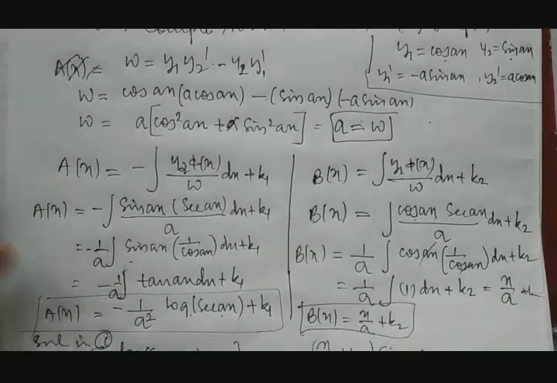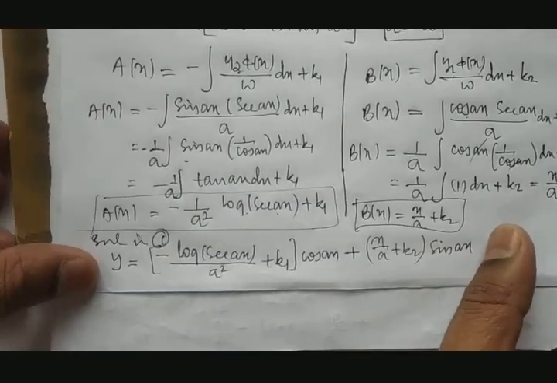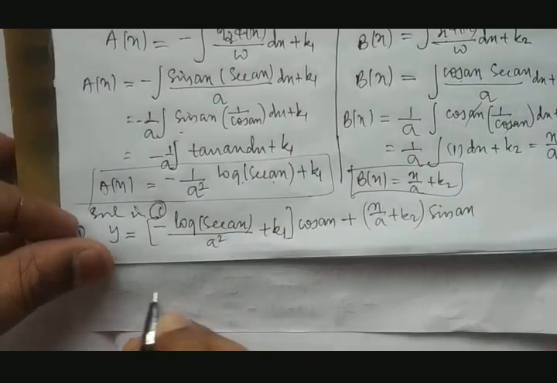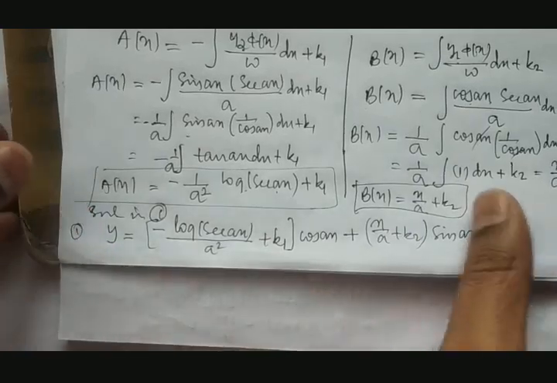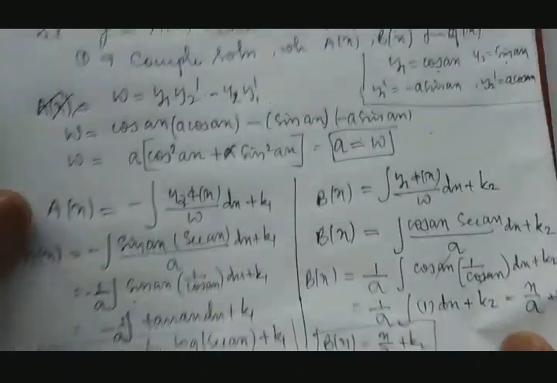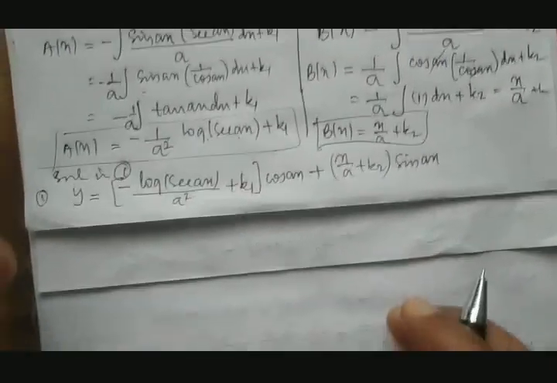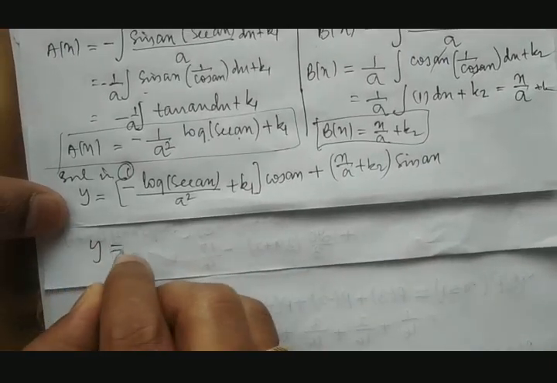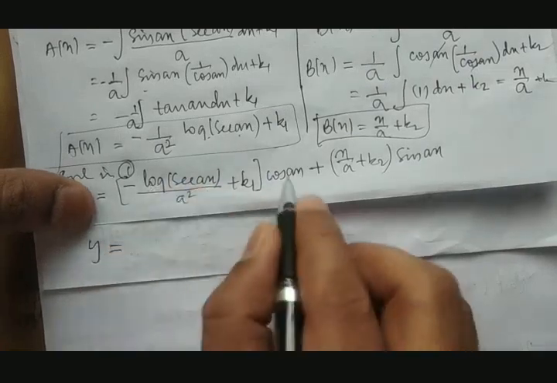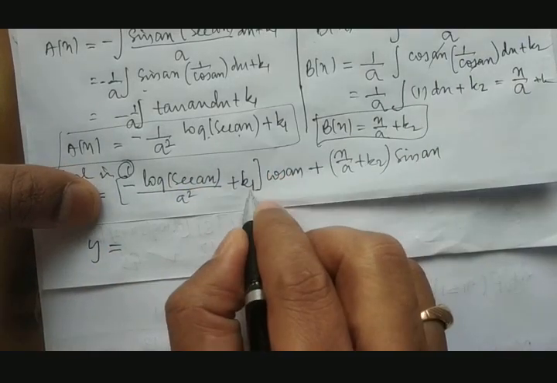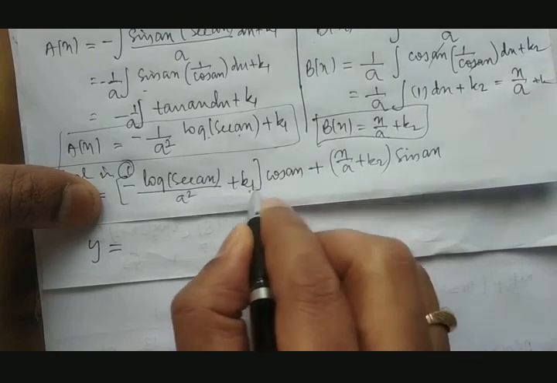Then if you take its continuation, the continuation will come like this. y is equal to, take a group multiplication, but whenever we take a group multiplication, first we write down the constant multiplications.